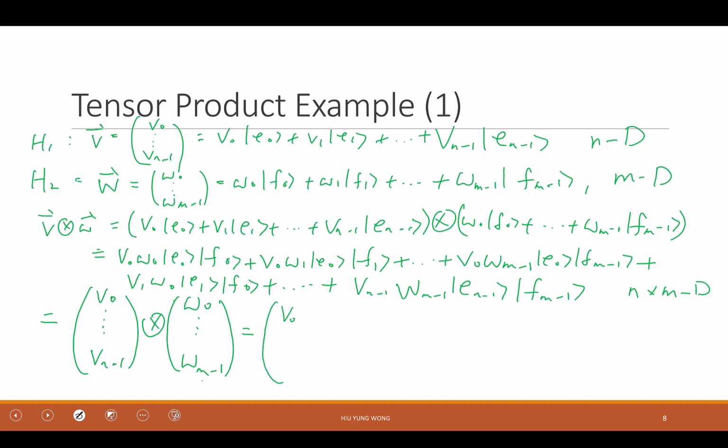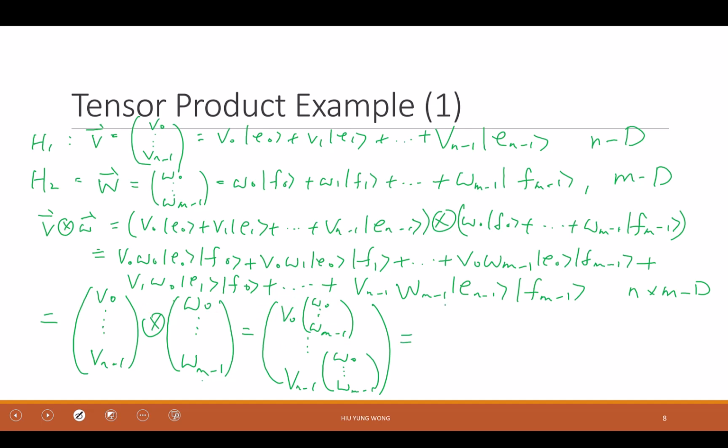I'll put V0 here, and then put the whole thing here, W0, Wm minus 1, and so on to Vn minus 1, W0, Wm minus 1. So for each of the elements, I just put the whole thing into there. And I do multiplication and take away the bracket.